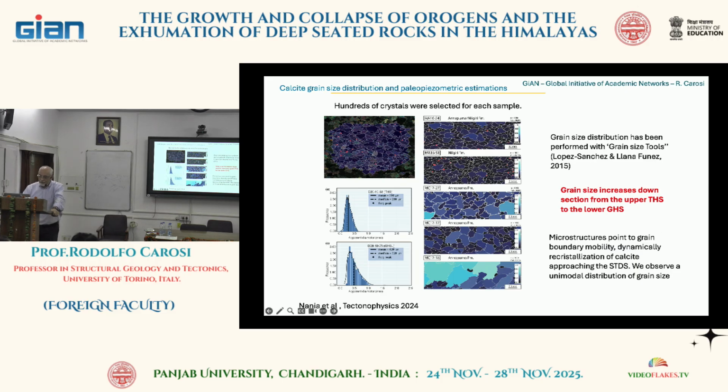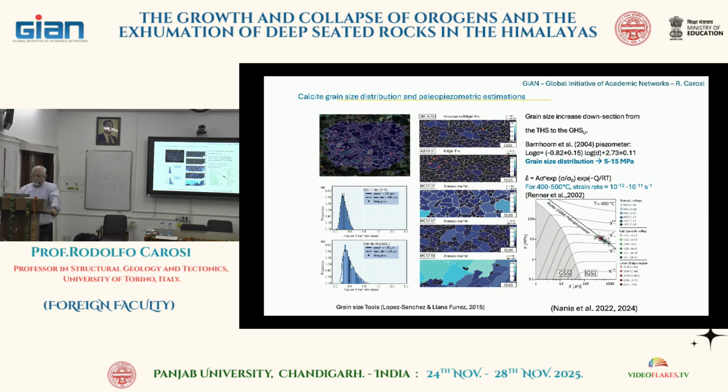So if you take the thin section and you make some measurements of the grain size, the mean grain size, you have, for example, in these samples, the mean grain size is 310 micron. In this sample, it is 420 micron. So you can detect in a quantitative manner the increase of grain size.